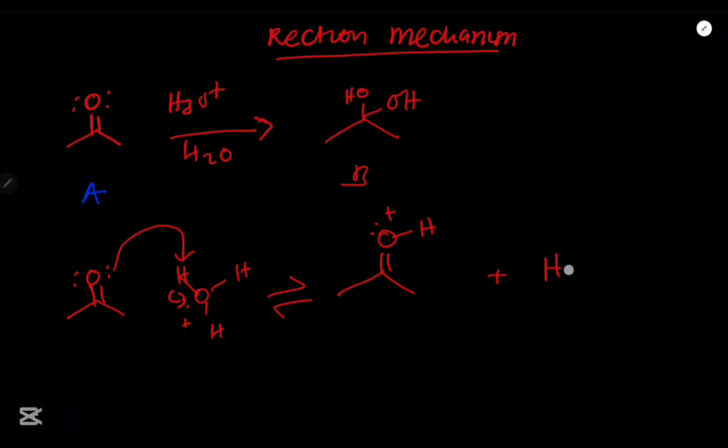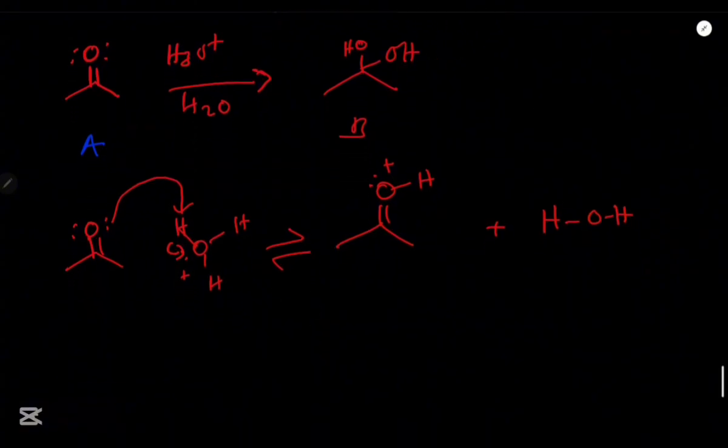The water that has been generated here. From this point, we can get another water molecule, this one, which is here. This water worked as a nucleophile, attacking there, expelling this bond.